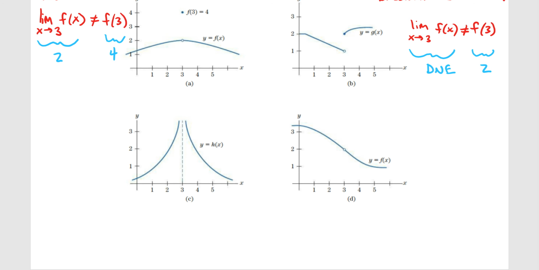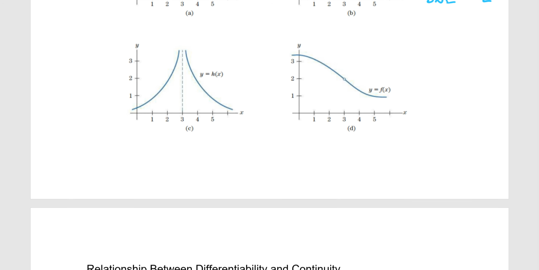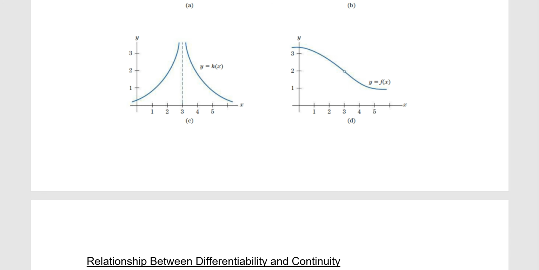And taking a look at these bottom ones, so for C on the bottom left, and taking a look at x equals 3, we have this vertical asymptote here. Once again, obvious that it's discontinuous at this point, because these curves are never going to meet because of that vertical asymptote, which means the limit of f of x as x approaches 3 does not equal f of 3.